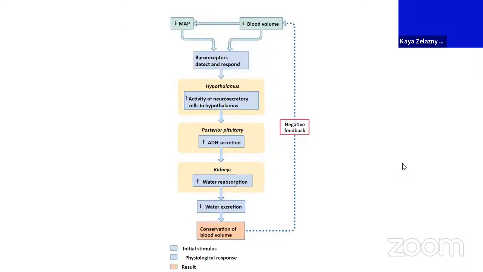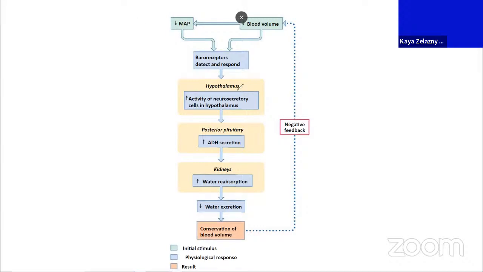Okay. So from the perspective of how this links up to our blood volume, our blood pressure, say you're sweating a ton, or you're hemorrhaging, or you have some other issue with blood volume, and you don't have enough blood. You don't have enough volume of blood. This means you're also going to have low pressure in the system.